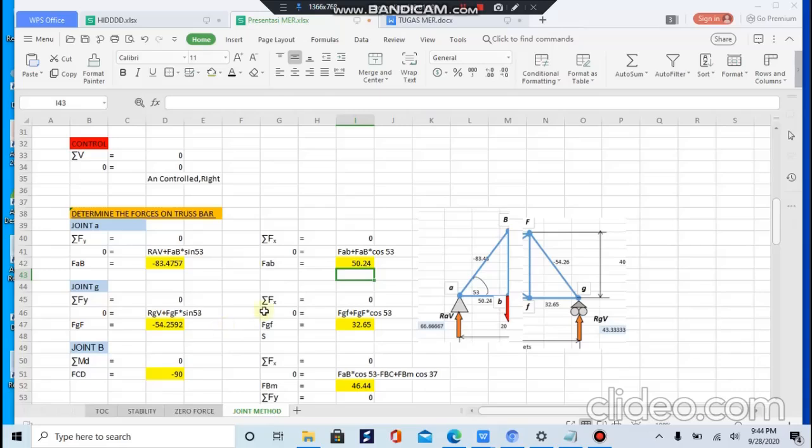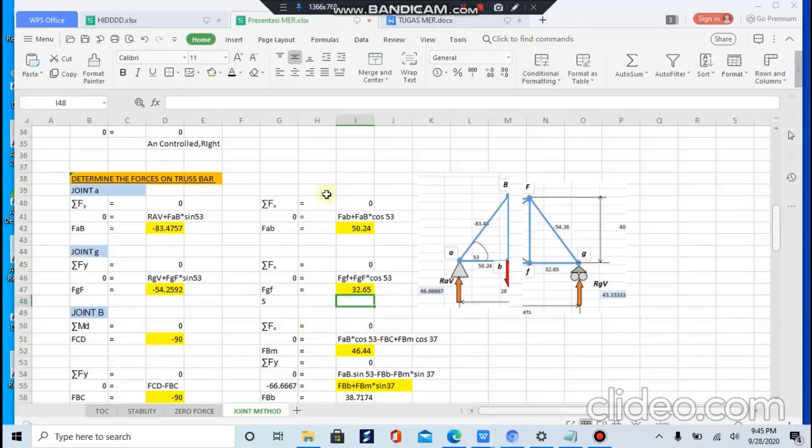For sigma Fx is equal to 0, so 0 is FGF on the bottom plus FGF on the top times cosinus 53. So FGF on the bottom is equal to 32.65.